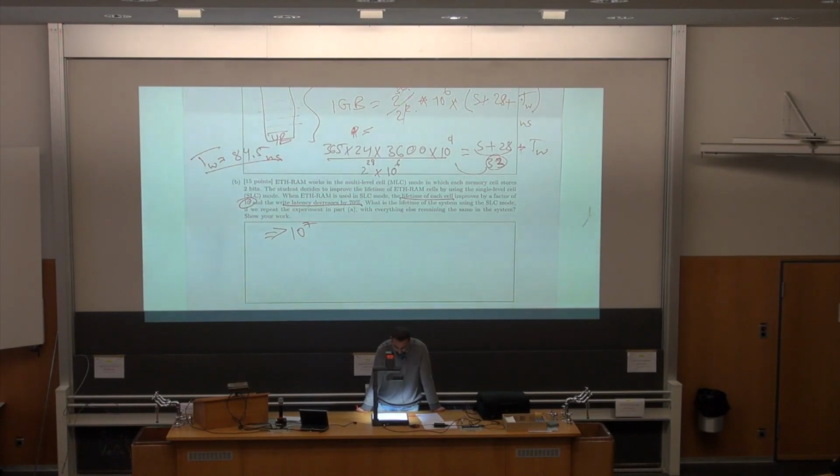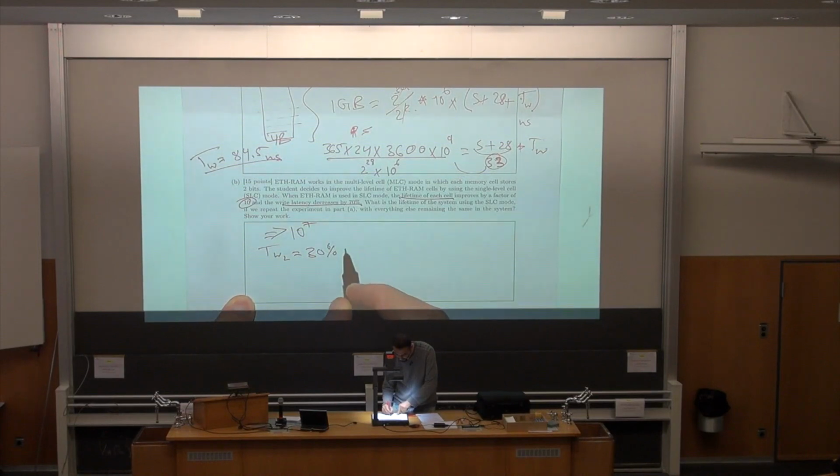So the write latency in the first part, we calculated as 84.5. And now we need to have 30% of that time delay for the new ETH RAM. So the new TW2, let's call it, is 30% of the 84.5.